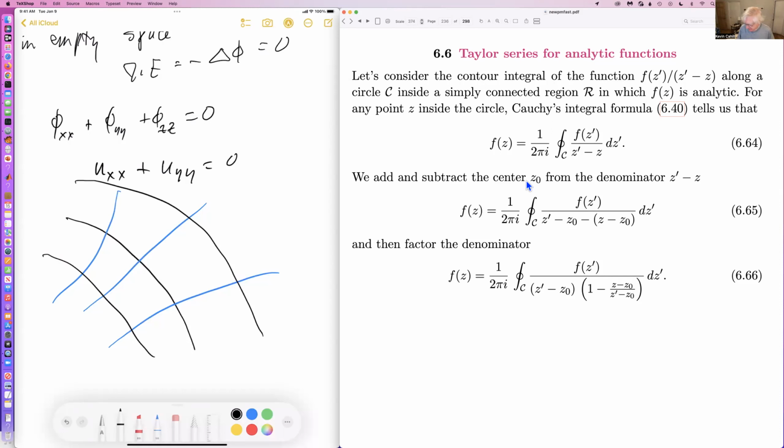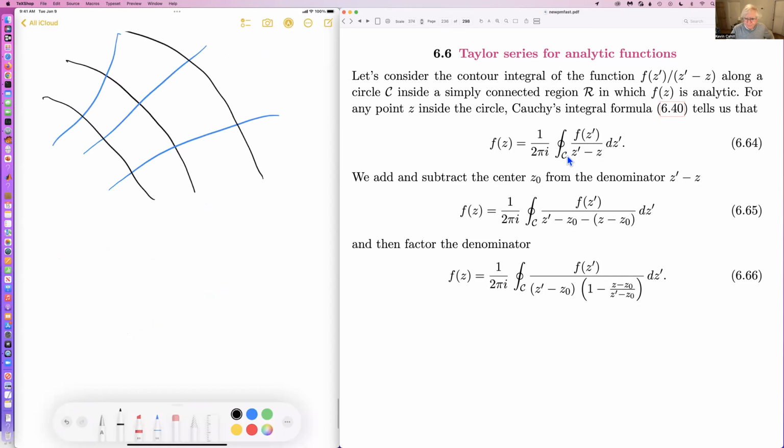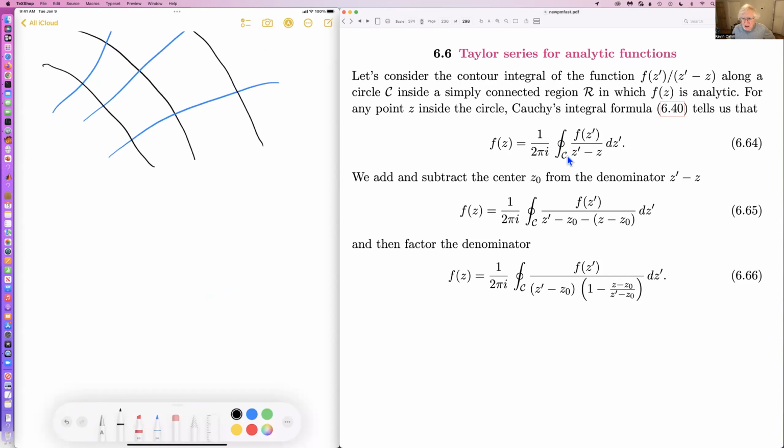And in fact, we'll find out how it converges. So first, we're going to use Cauchy's integral formula to give us f of z as an integral, z prime integral going around z.